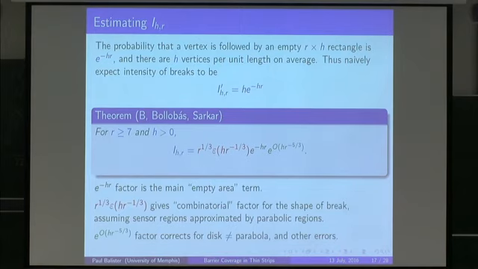This combinatorial factor assumes that I've replaced the sensor regions by parabolic regions, which you'll see as useful later on, but that's not quite right. There are also some other problems with the approximation. So the green stuff is all the error terms, but the error terms are actually reasonably minor compared with everything else.